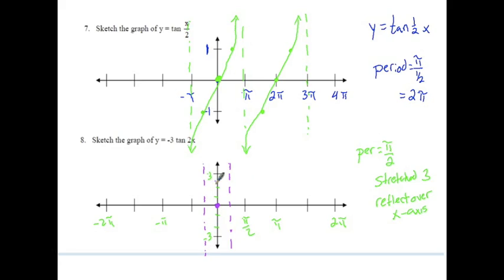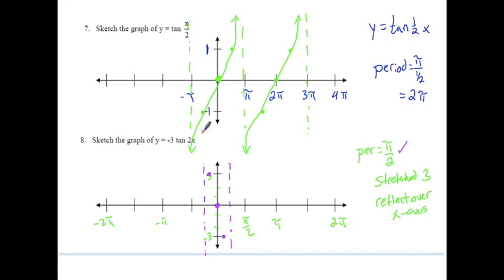From asymptote to asymptote, a fourth and a fourth would give me a half a pi, which of course checks out. Halfway between those is normally at the -1, but we're stretching it to 3, so it's going to go down to 3, but then the negative flips it upside down, so it's going to go right up there. Halfway between these is normally at 1 again, but 3 stretches it, and then the negative flips it upside down.